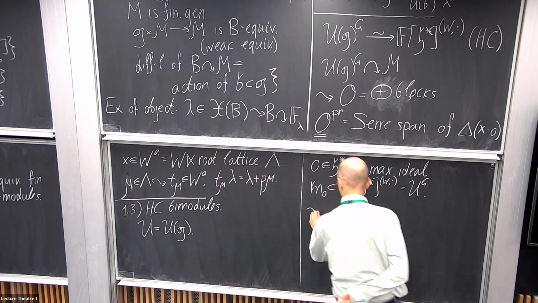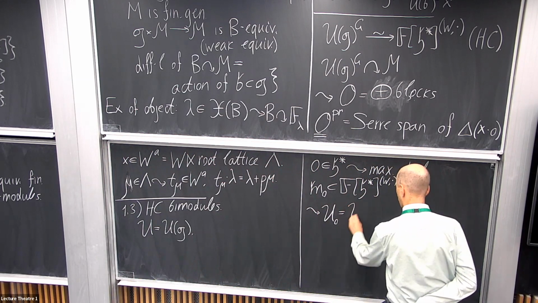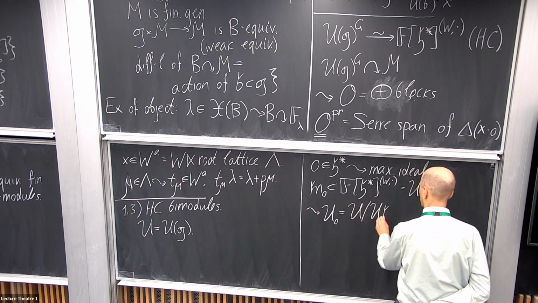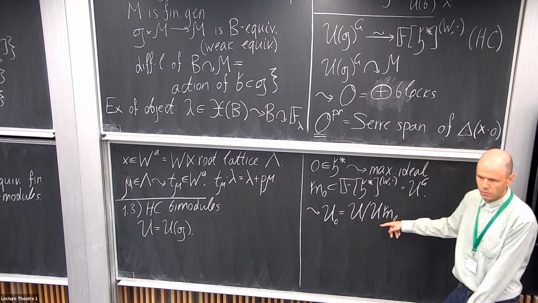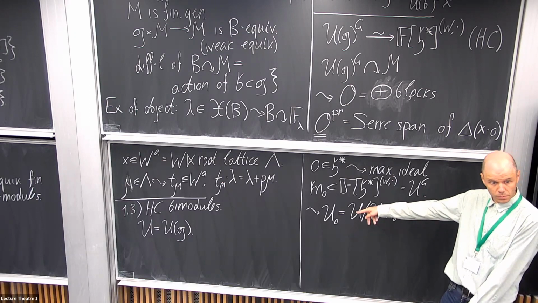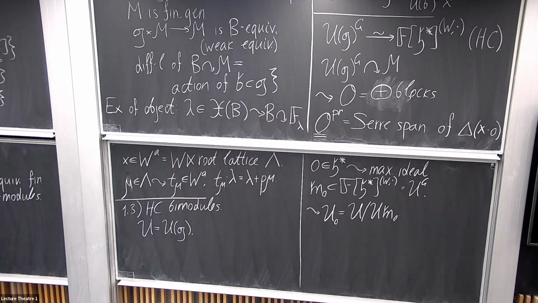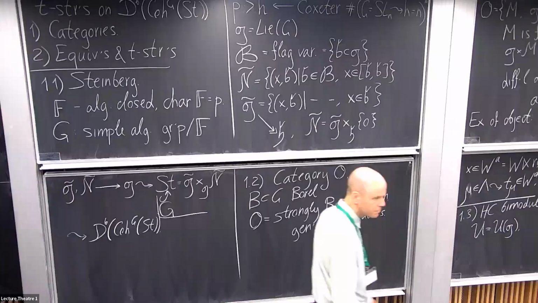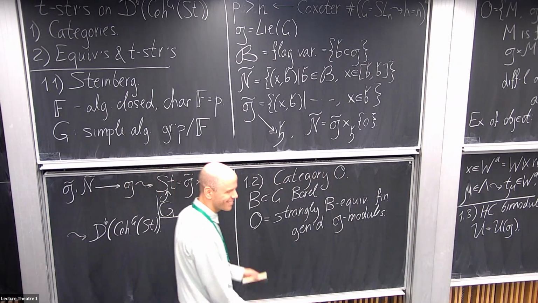And so I can consider the quotient, which I will call U0, which is going to be the quotient of U by the ideal generated by M0. So this guy is central, and therefore this is a two-sided ideal. So what I get is an algebra. Right, since now we actually do have to be careful about the rho shifts. This is the maximal ideal that kills the trivial. Yep. So good to have somebody who cares about rho shifts.